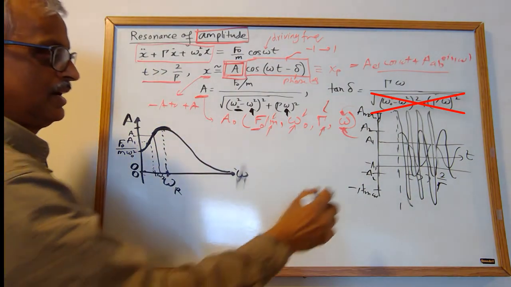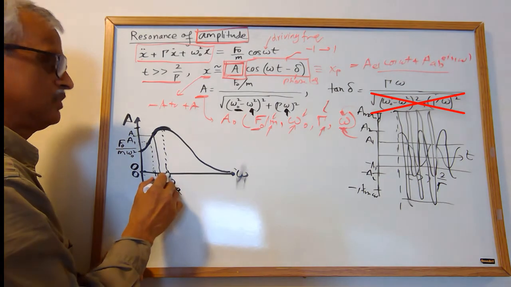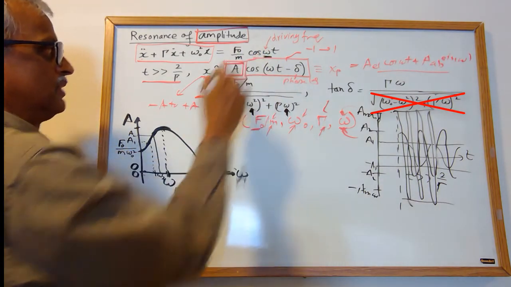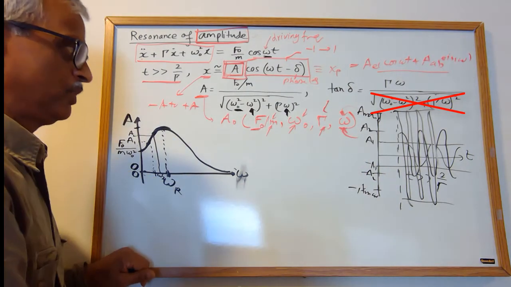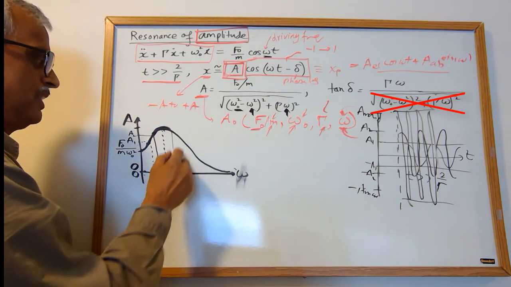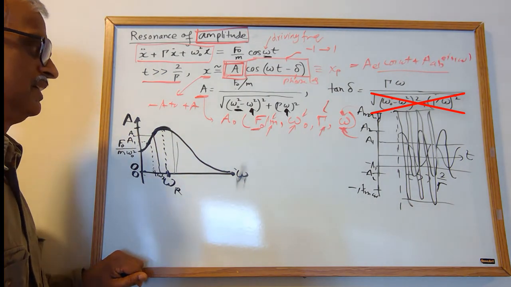So you can see I can get the maximum response if I use this omega over here, right? That's important information, because if I go beyond there, I again start to get a smaller response.